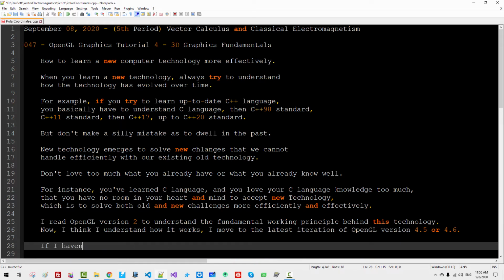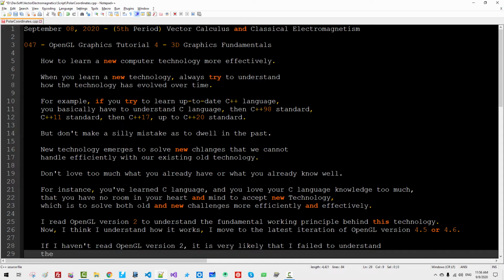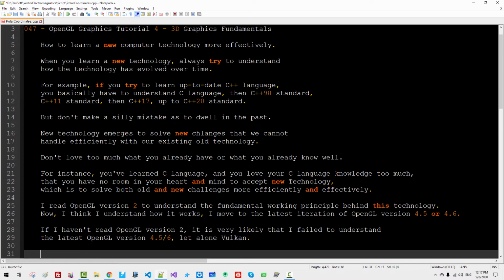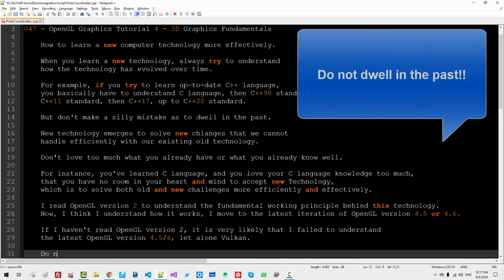If I hadn't read OpenGL version 2, it is very likely that I would have failed to understand the latest OpenGL version 4.5 or 4.6, let alone Vulkan. I will remind you once again, do not dwell in the past.